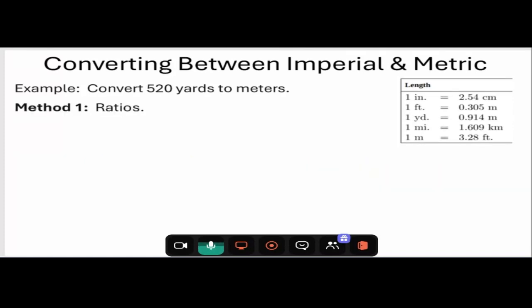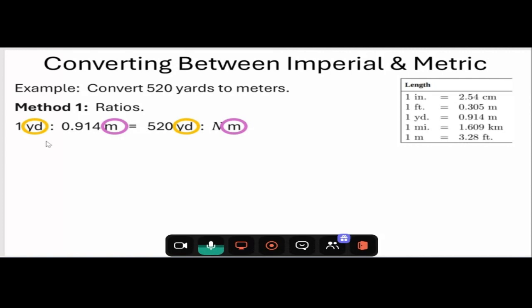Okay, trying it first with the ratio method. We're going to find our conversion factor, yards and meters. 1 yard equals 0.914 meters. That ratio goes on the left. Now we have 520 yards and unknown meters, so that ratio goes over here, making sure that we line up the units.